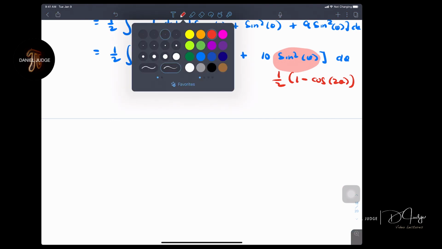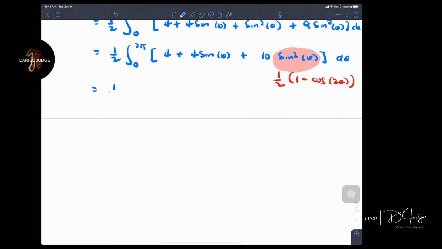And that's kind of nice. 1/2, 0 to 2 pi, 4 plus 4 sine theta, and the coefficient times 1/2 gives 4, you get 1 minus cosine 2 theta, d theta.